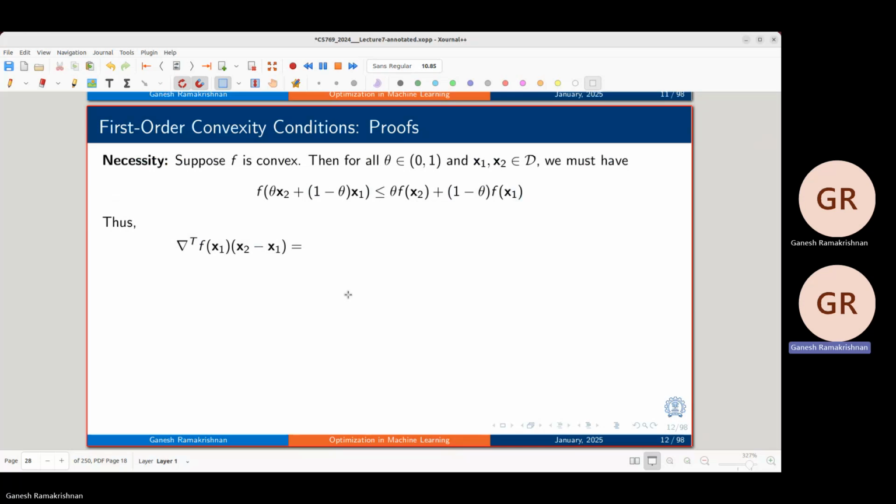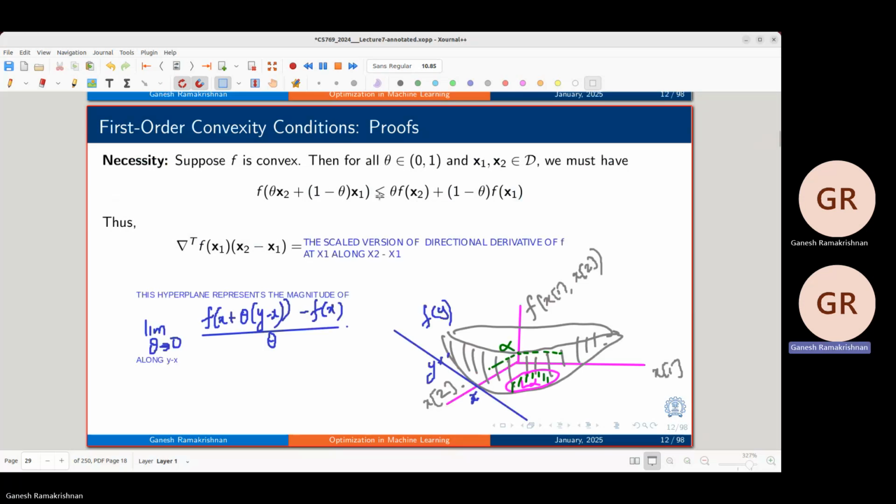So this is the scaled version. This is not really the directional derivative, because the directional derivative requires you to divide by the norm of the direction. For x1 minus x2, I've considered its magnitude as well. So it's a scaled version of the directional derivative at x1 along x2 minus x1. So I've just shown this here.